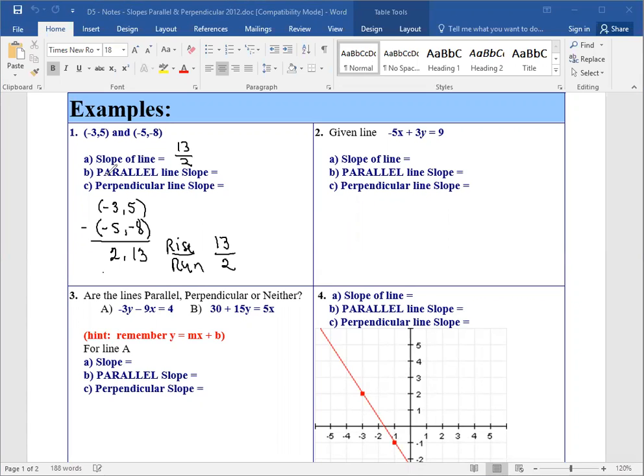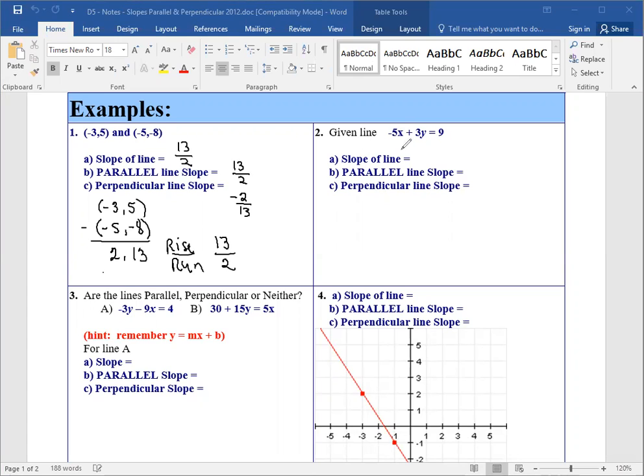If I have a parallel line, then that would be the same slope of 13 over 2. The perpendicular line to this line would then be negative 2 over 13. So find the slope; parallel is the same, perpendicular, flip the fraction and change the sign.